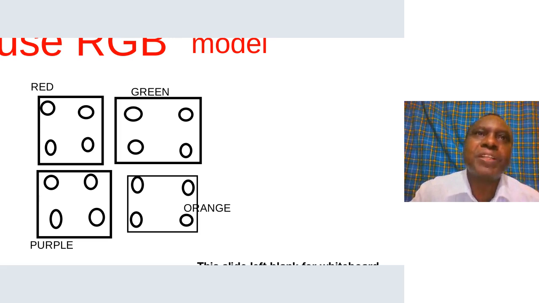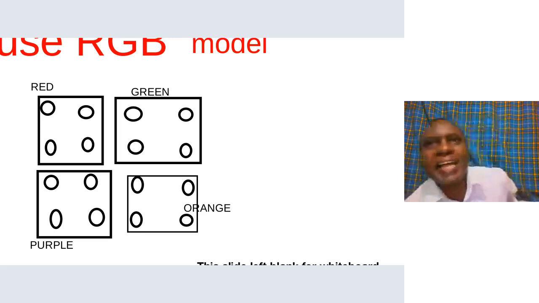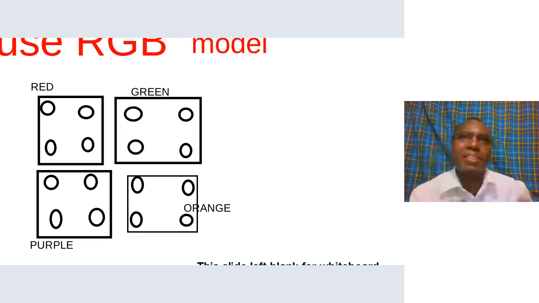You make a choice, and once you make a choice, that will be for every pixel. So if you decide you are going to use 16 bits, then every pixel is 16 bits, 16 bits, 16 bits.